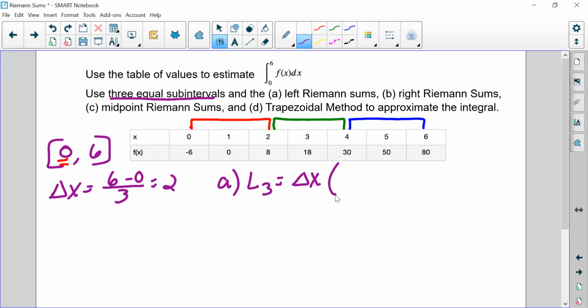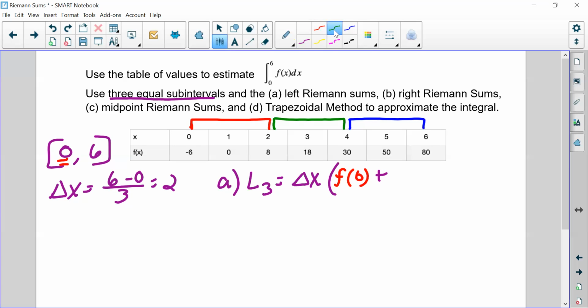And then I'm going to multiply it by, from the left, this red rectangle, which one should you start with? The function value at 0, the function value at 2. Function value at 0 because I'm looking at the left side of that rectangle. So this is going to be my f of 0.